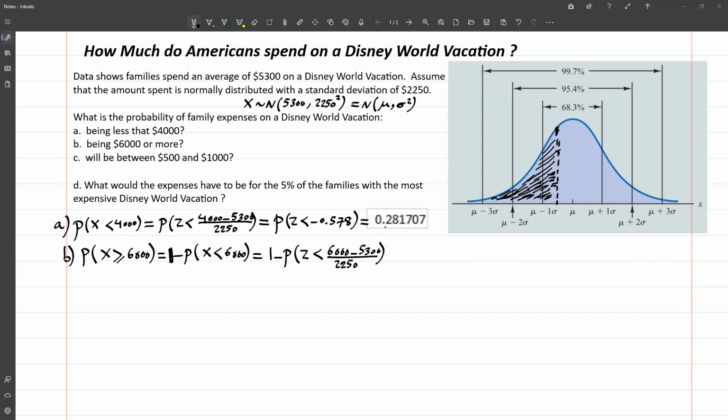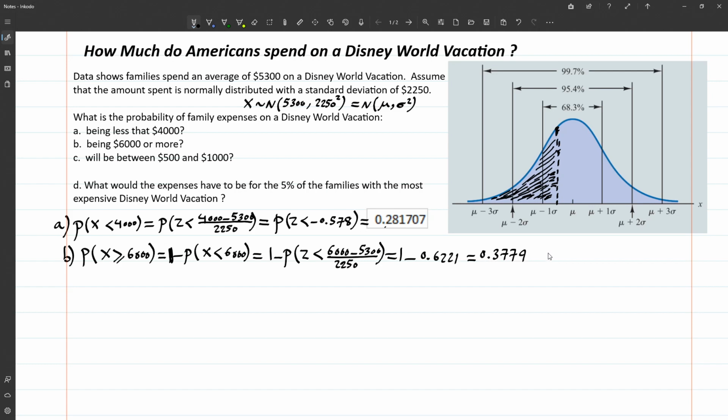Going back, we are dealing with 1 minus 0.6221, and that is 0.3779.